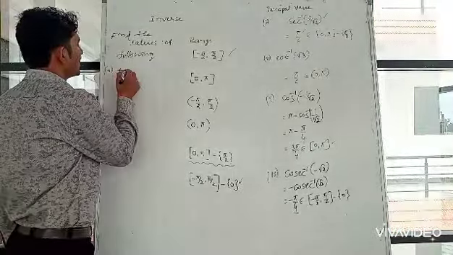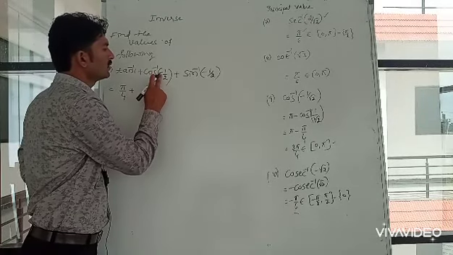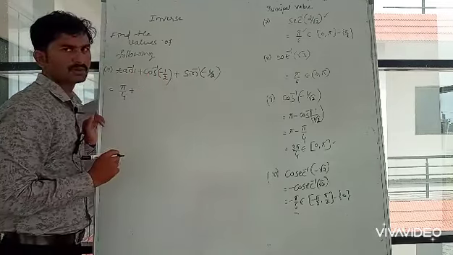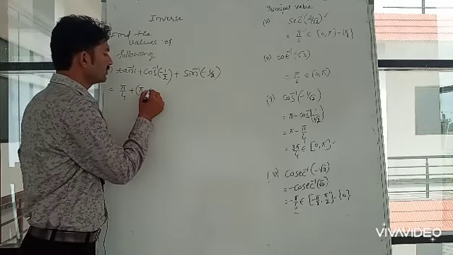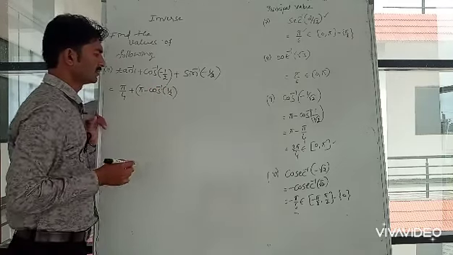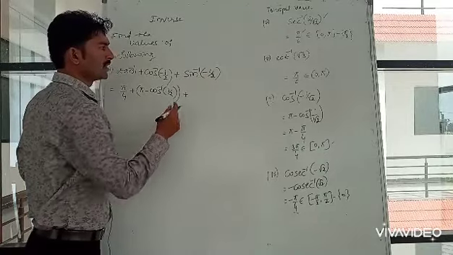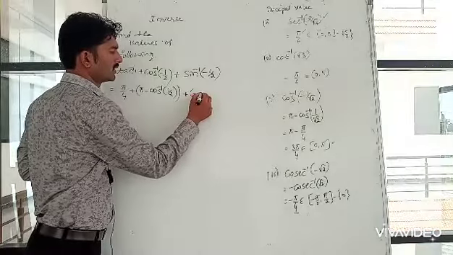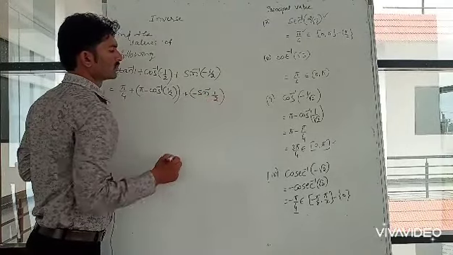Tan inverse of 1 we can write as pi by 4, plus cos inverse of minus x form, so cos inverse of minus x means pi minus cos inverse of 1 by 2, plus sin inverse of minus x, so we can write minus sin inverse of 1 by 2 using the property.